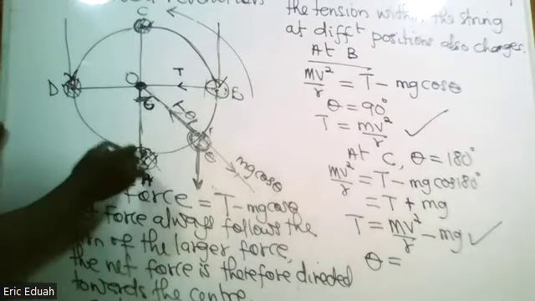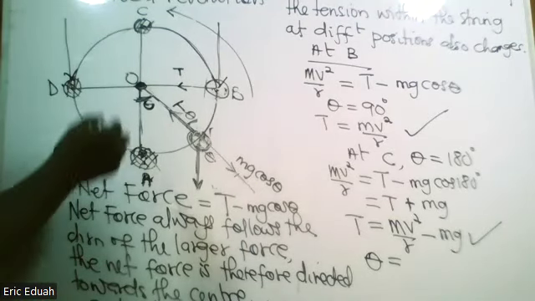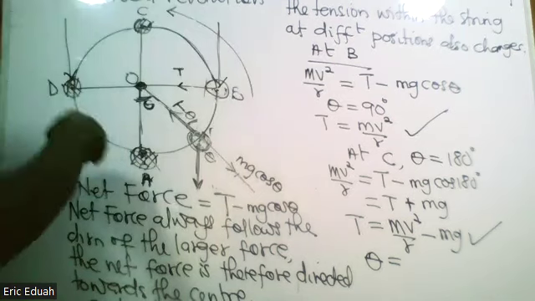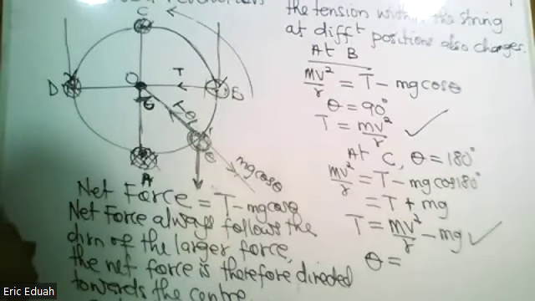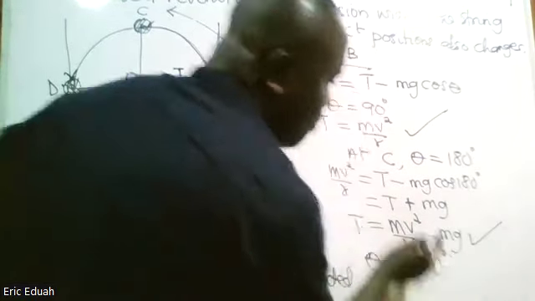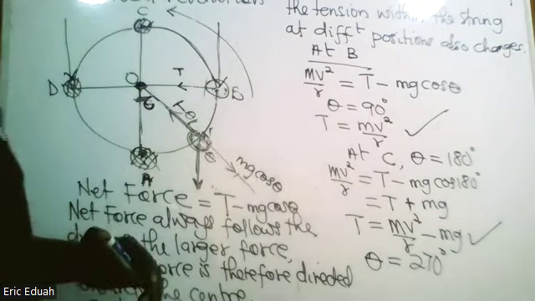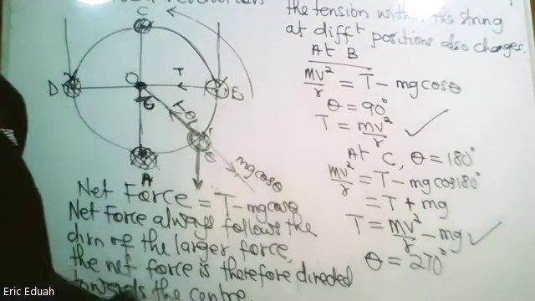It's moving from A to D. Is it clockwise or anti-clockwise? We are moving anti-clockwise. 270. So theta is 270. So put that into the equation and then tell me the expression for T.